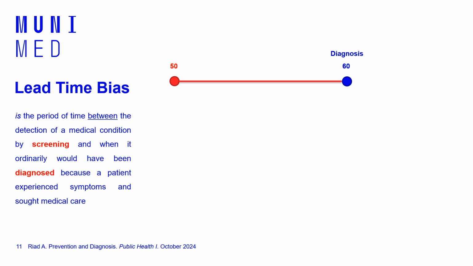The patient was not aware about his illness for 10 years until he accidentally discovered it by diagnosis, or he had some symptoms, let's say, that required medical attention, and then when he did the examination he found out that he has this disease, and so the diagnosis was established at the age of 60, and he started to have treatment, yes, but unfortunately he died after 5 years at the age of 65.